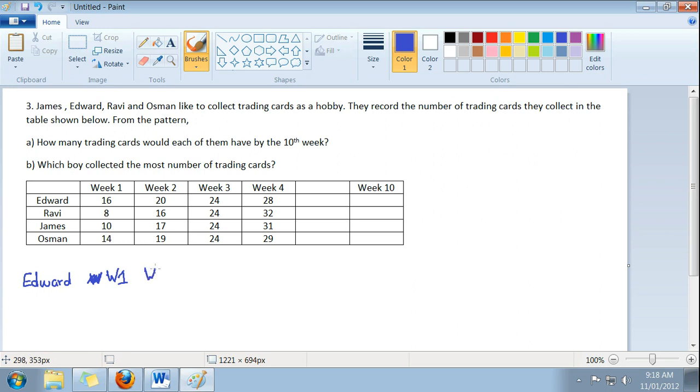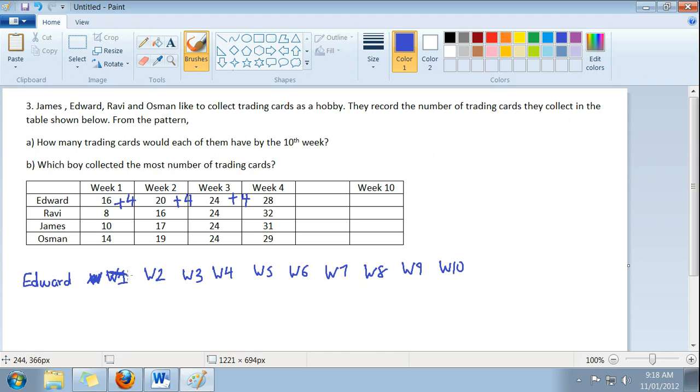So we have week 1, week 2, week 3, week 4, 5, 6, alright. We know that from 16 to 20, we need to plus 4, right? And from 20 to 24, we plus 4, 24 to 28 plus 4. So in other words, the pattern is we're adding 4.